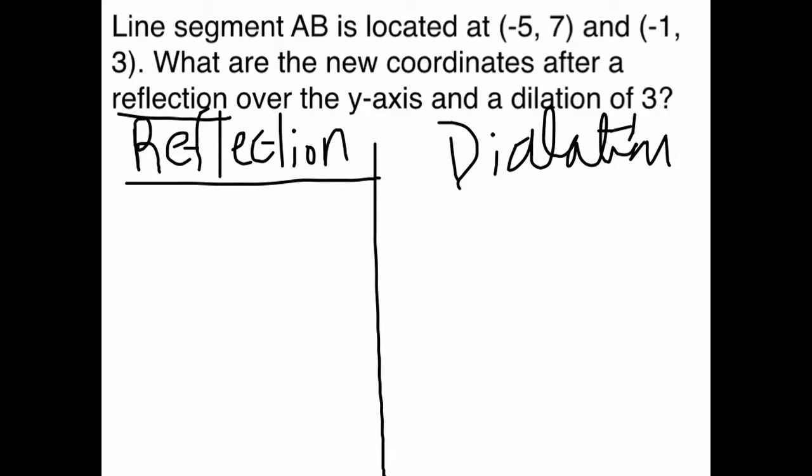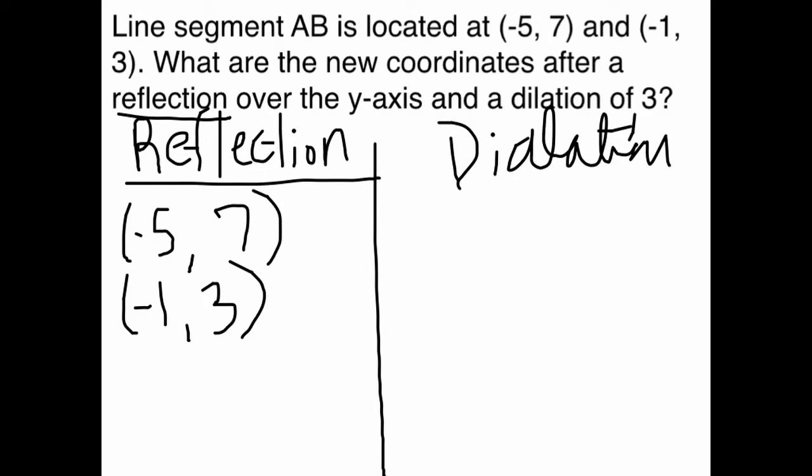Our original coordinates are at -5, 7, and -1, 3. If I'm reflecting over the y-axis, that means my x values are going to be the ones that change. So my new coordinates are going to be 5, 7, and 1, 3.